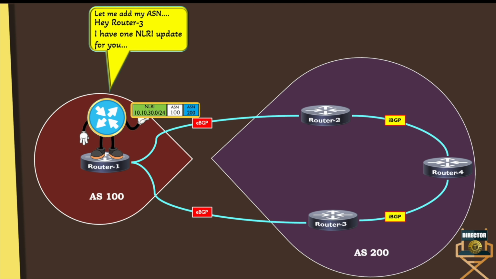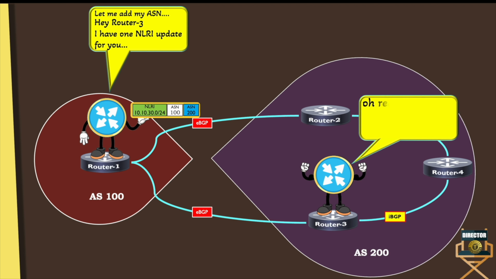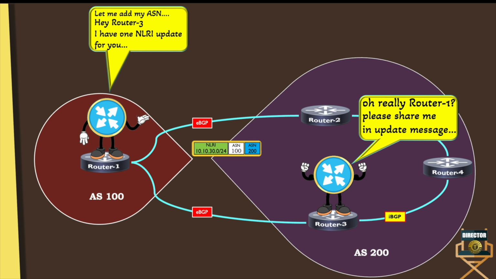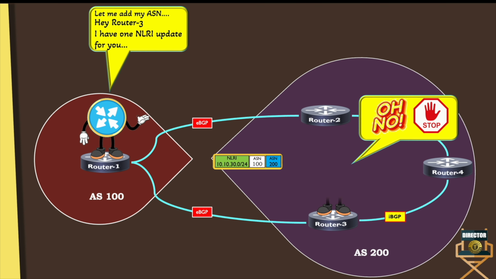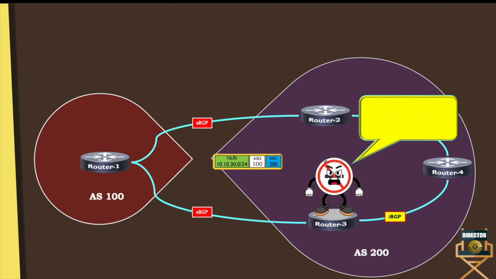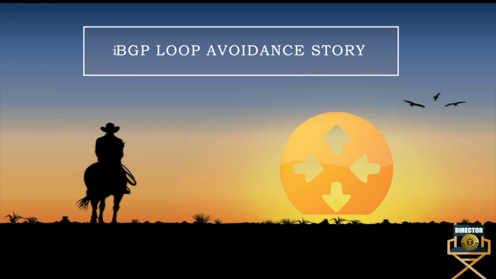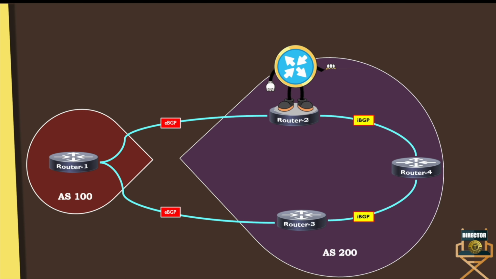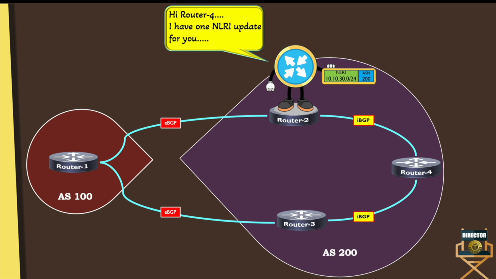Hey Router 3, I have one NLRI update for you. Oh really Router 1? Please share me an update message. Oh no, stop it. I can't receive. There is my ASN. It will create a loop. Hi Router 4. I have one NLRI update for you.